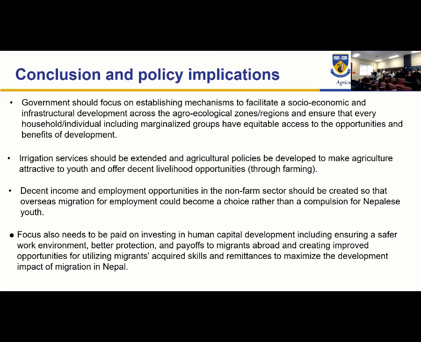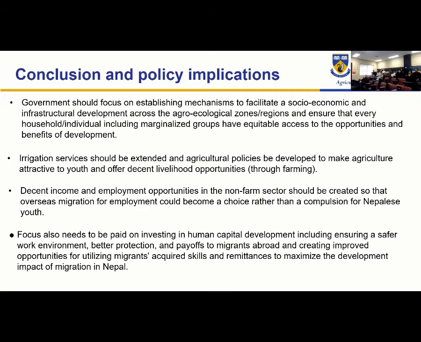Yeah, I would like to link this first recommendation with the findings that more people from the hill are migrating overseas. That's what our study showed. And if you look at the development in Nepal, there are less economic opportunities in the hills compared to the plain or Terai.